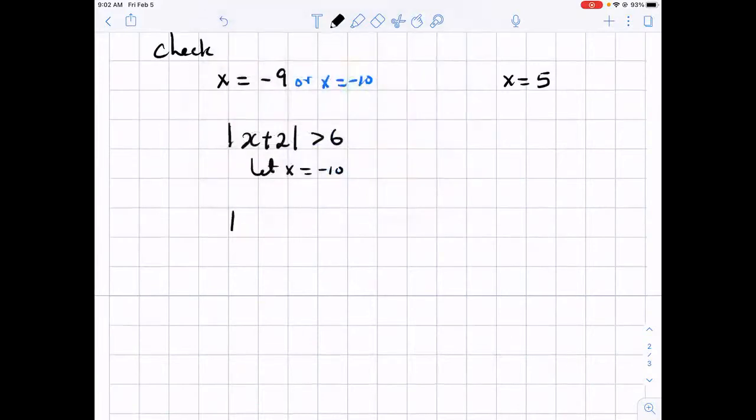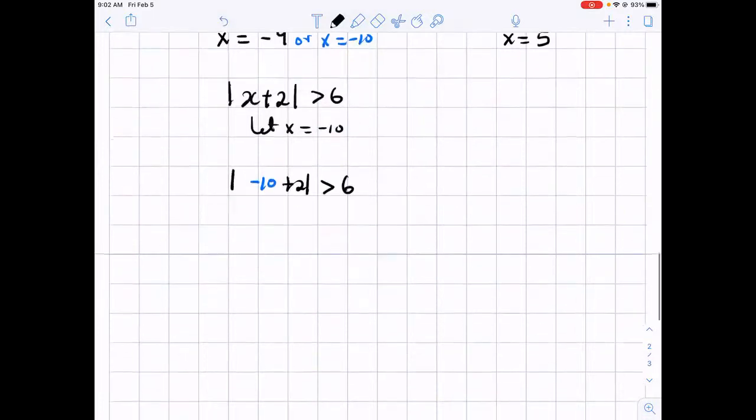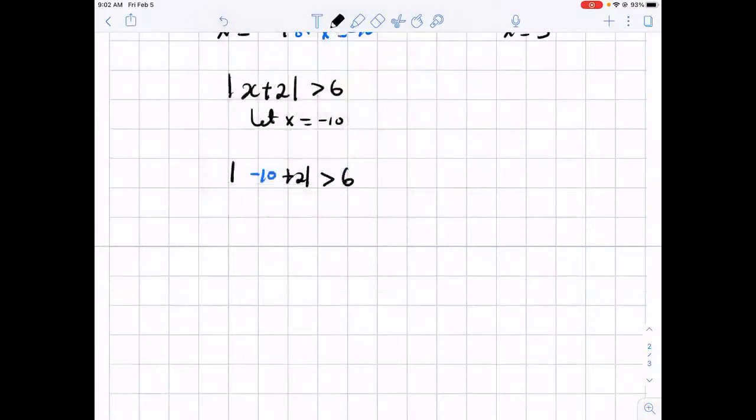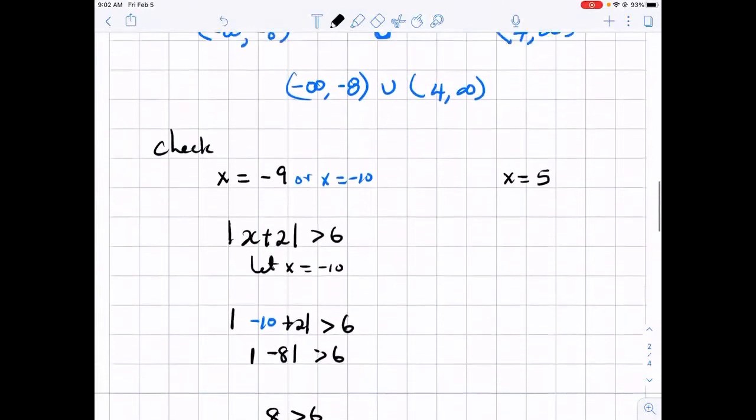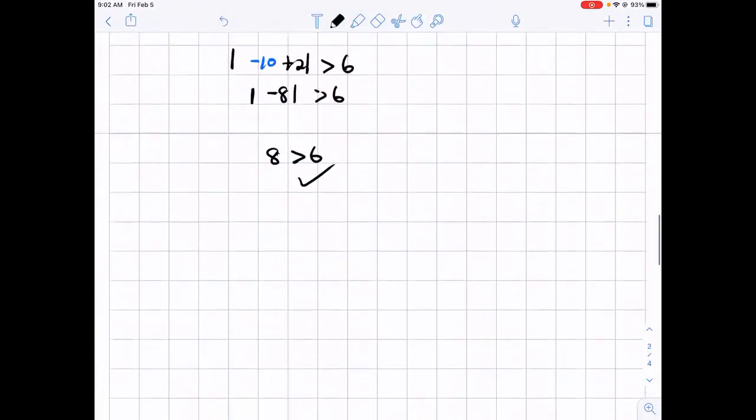By doing this, we have the absolute value of -10 plus 2, and we want to know if that's greater than 6. Simplifying the inside of the absolute value, -10 plus 2 is -8, and the absolute value of -8 is 8, and 8 is greater than 6, so this is true. So that region -infinity to -8 checks.